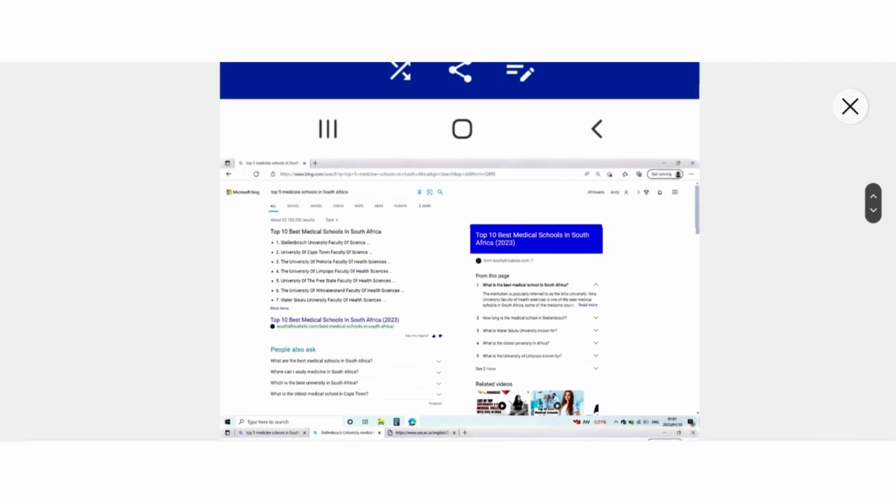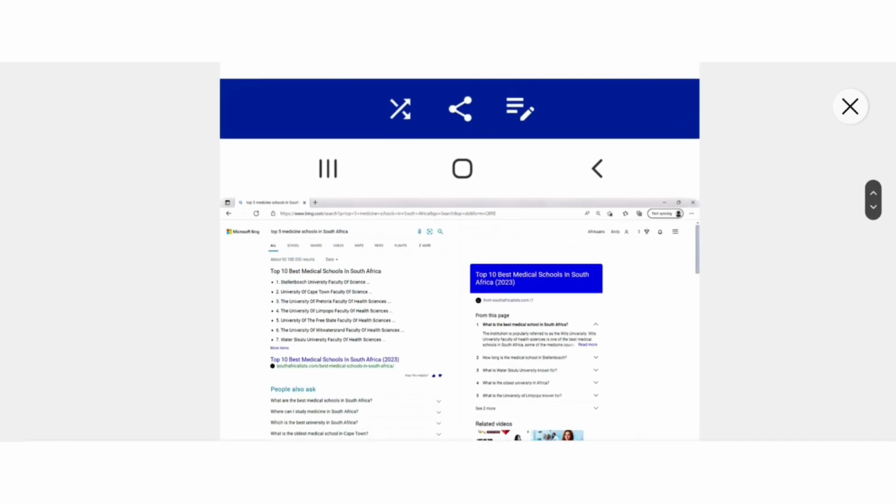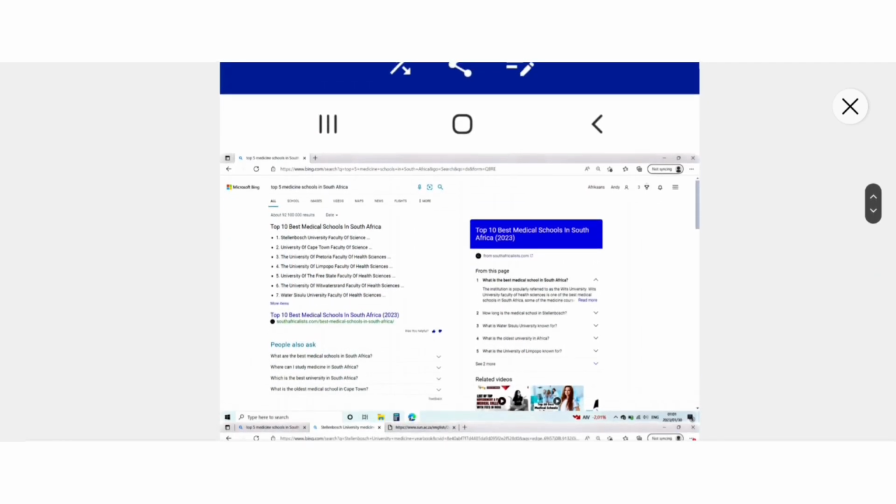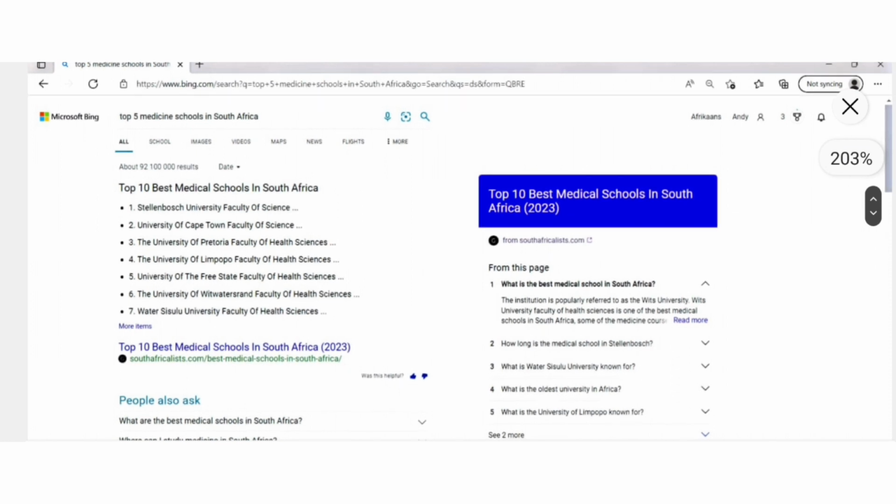So the next stage in our guidelines, as you know which course you want to study, is to go on to your search engine and search for the top 5 universities which offer the course you desire to study in your country. I'm in South Africa, so we're going to say top 5 medicine universities in South Africa, and then we had the list here.